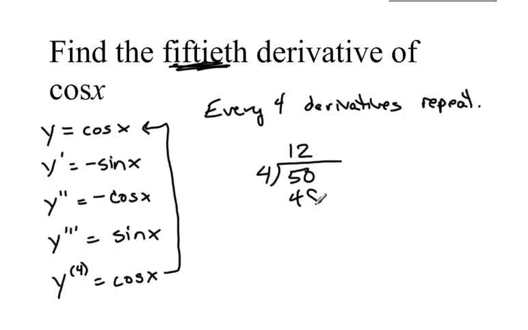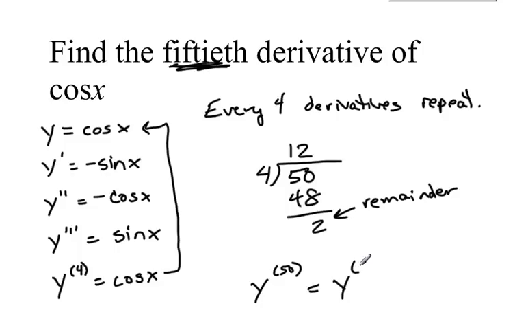That gives us 48. And this remainder of 2 is the important thing. So the remainder tells us what it's going to be equivalent to, which is to say that the 50th derivative is actually equal to the second derivative, which of course we could also write this way. The second derivative, which equals negative cosine x.